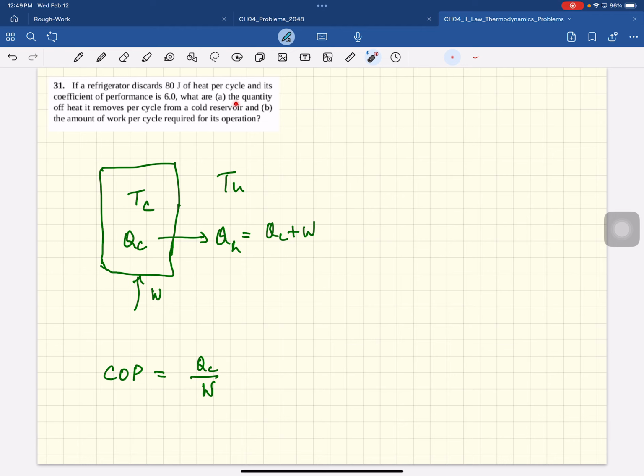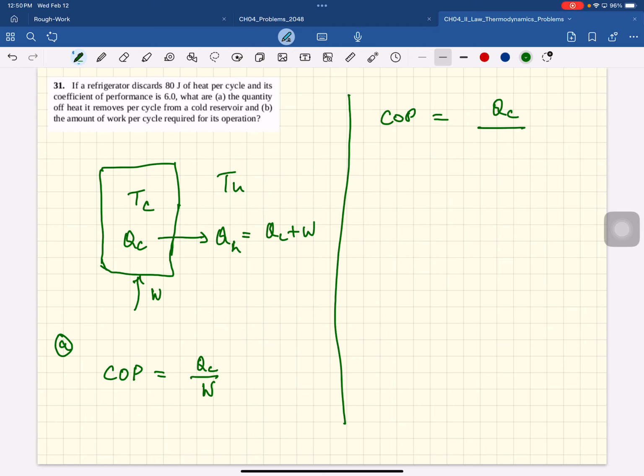The quantity of heat it removes per cycle from the cold reservoir. So how much heat did it remove from the cold reservoir? COP is QC divided by W, and from this equation, W is QH minus QC.